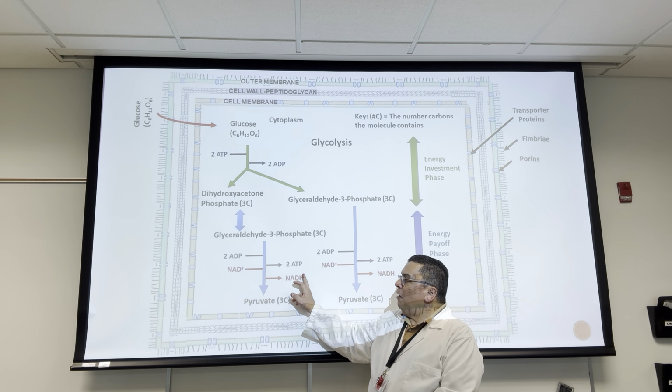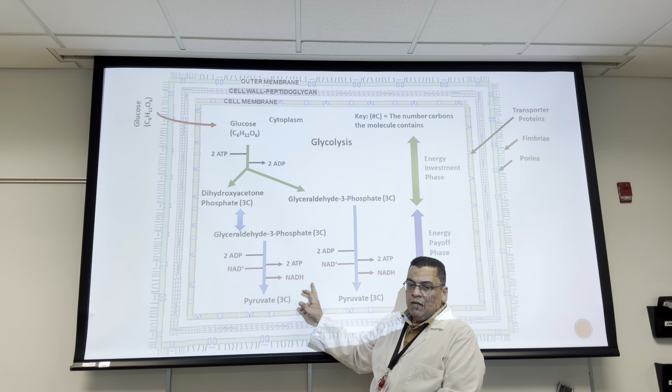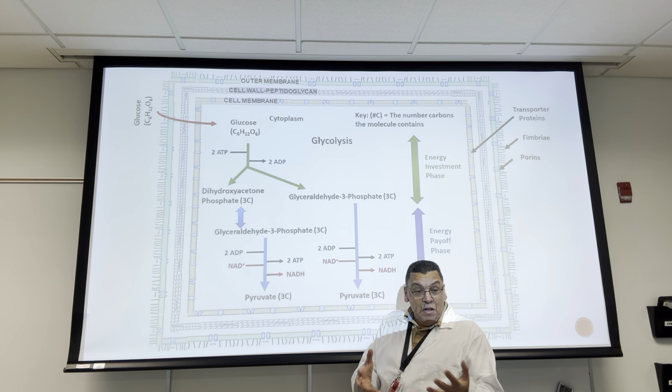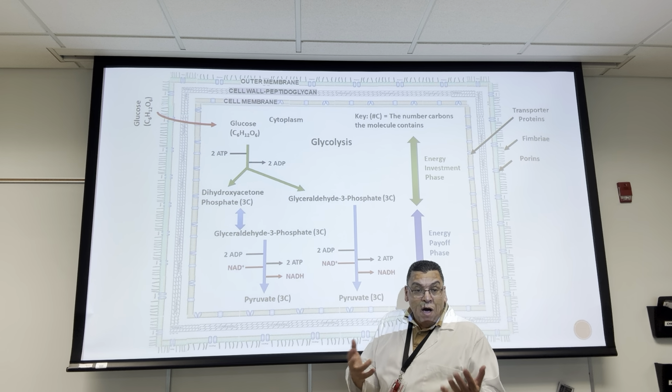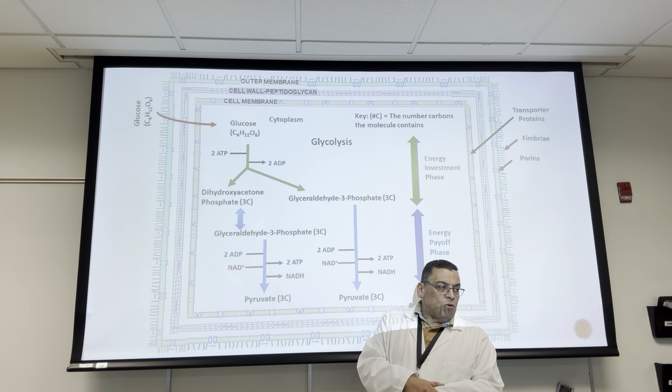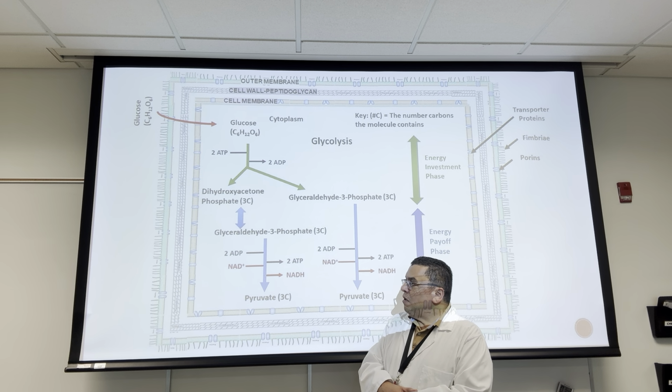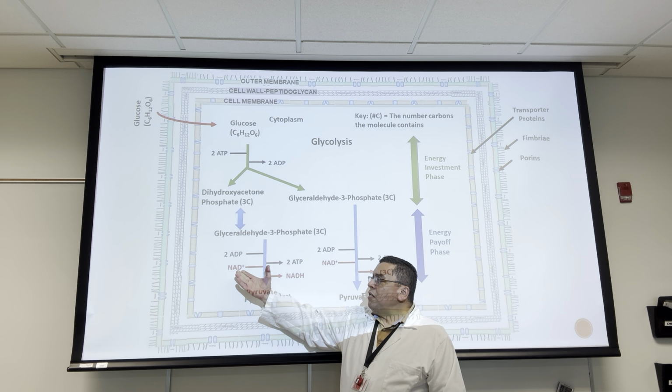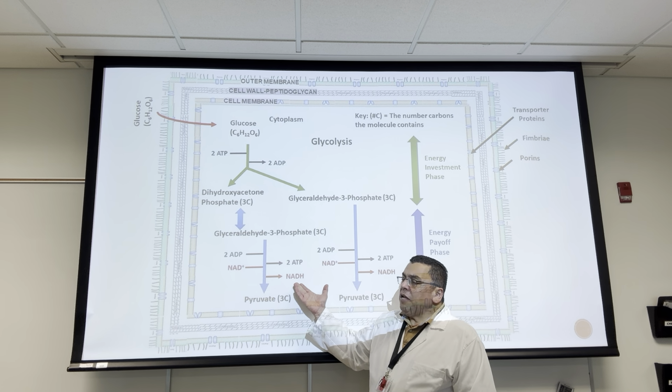So I call this one a loaded U-Haul truck. NADH is a loaded U-Haul truck loaded with what? Electrons and hydrogen. We call that reduced. So you're reducing NAD plus to make it NADH.